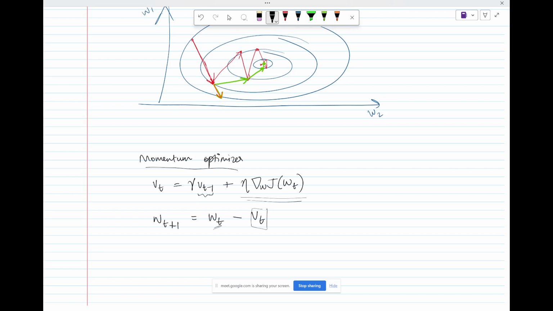So the direction of the previous update is what is your momentum. That means it depends on the previous weight update term, where you might have used a different batch. So each update you are using a different sort of mini batch. So the momentum of the previous mini batch is used in the update for the current mini batch.